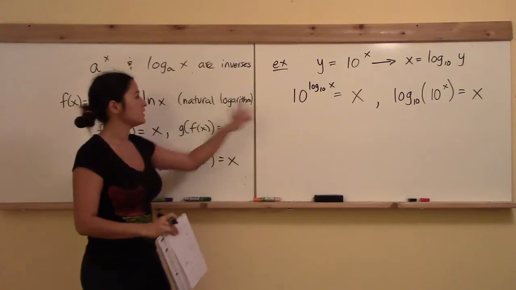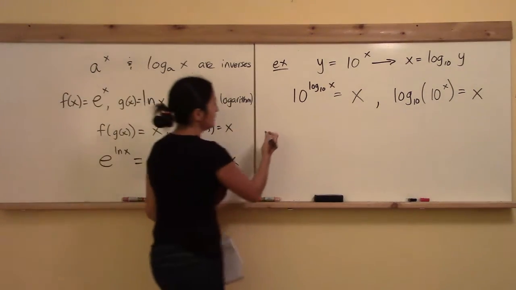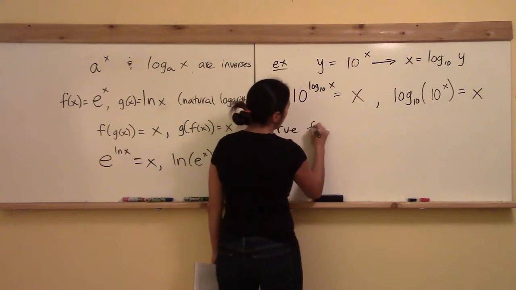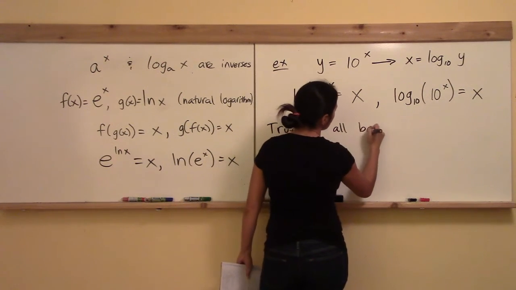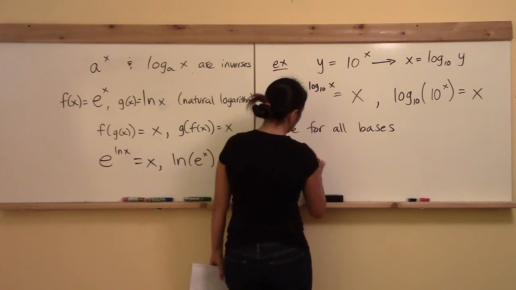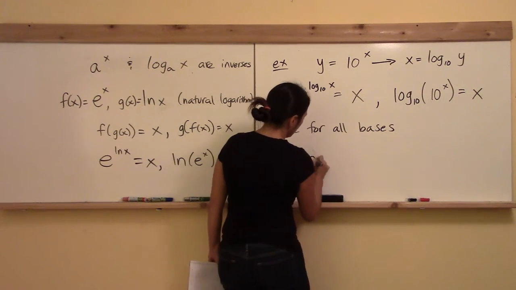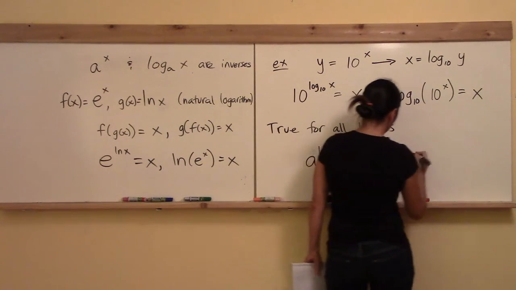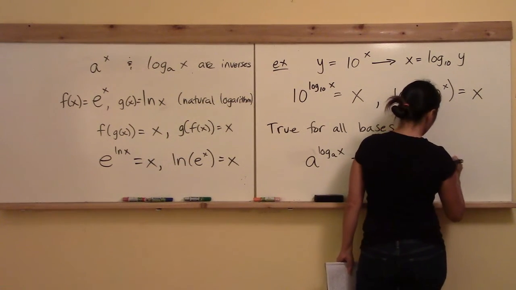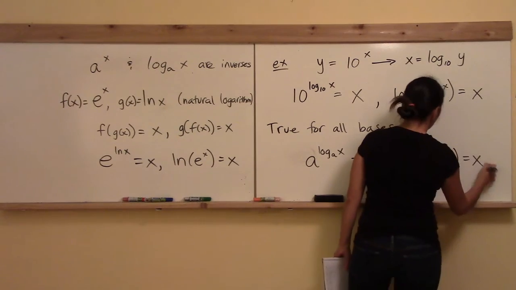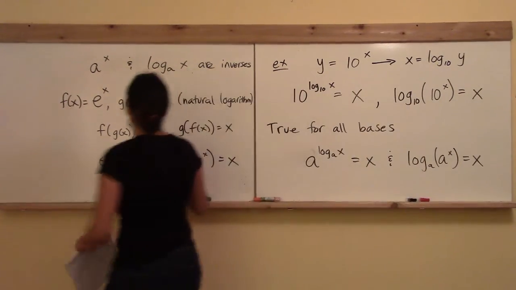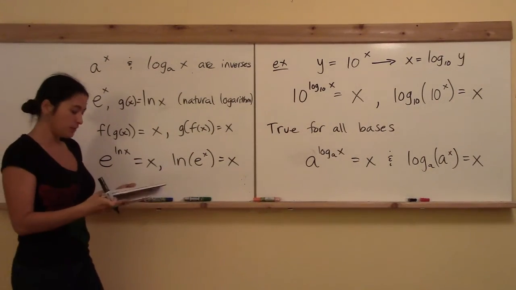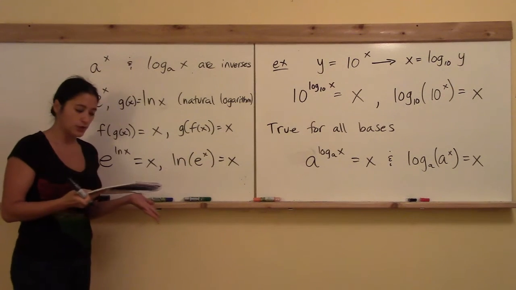This is true in base 10, it's true in base e, and it's true for all bases, which is to say that base a raised to the log base a of x is equal to x, and the log base a of the quantity a to the x is also x. Why do you care about this?